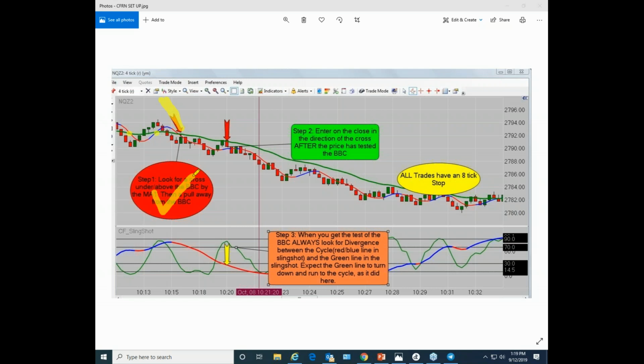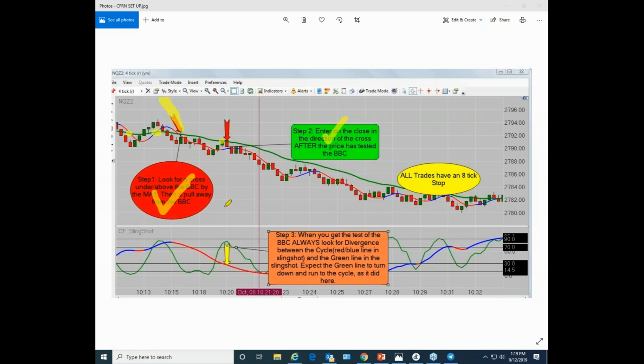You're looking for shorting opportunities. So no, I didn't say go short, go long, go short. I said we're looking for opportunities to go long and short, because that leads us into step number 2, which is this. After the cross, whether it's a bullish or bearish cross, the normal thing for the market to do is to gravitate toward the BBC.